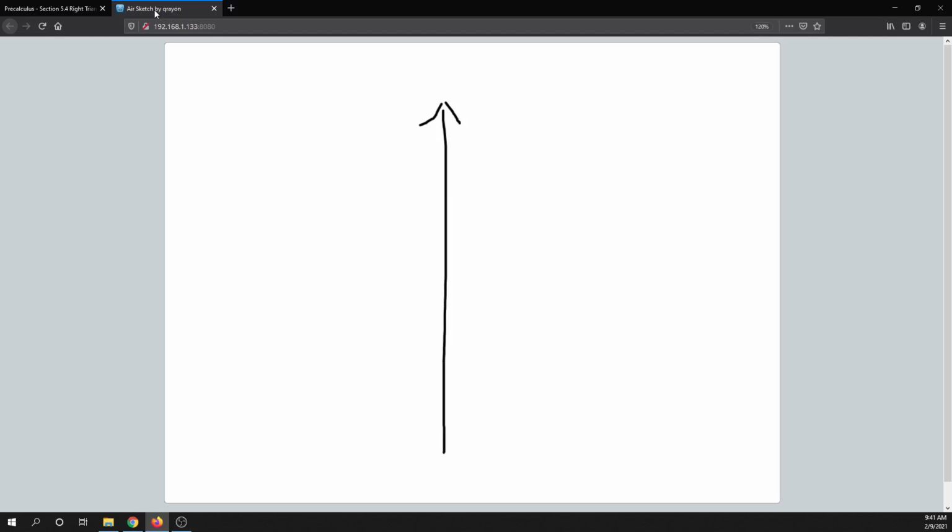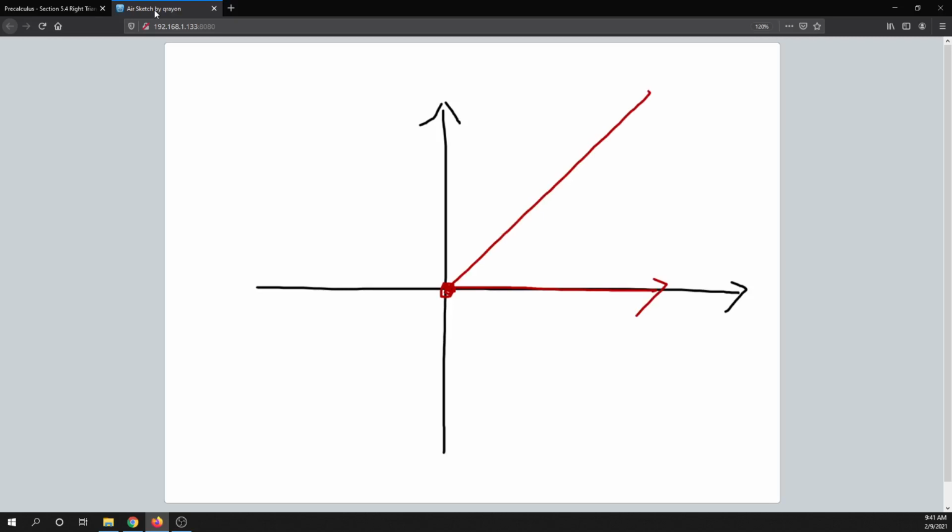With the unit circle, we had the coordinate axes that look like this. And we had an angle, let's say, that looked like this in standard position. And then we had the unit circle.